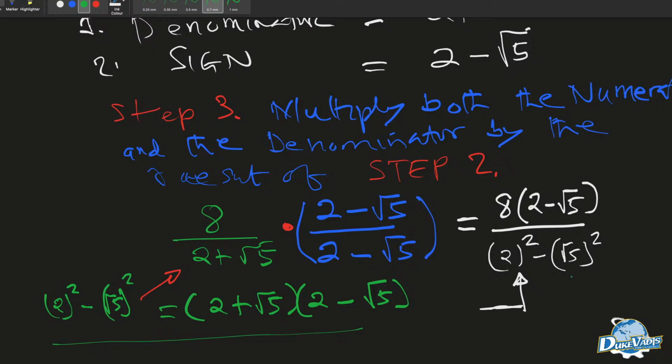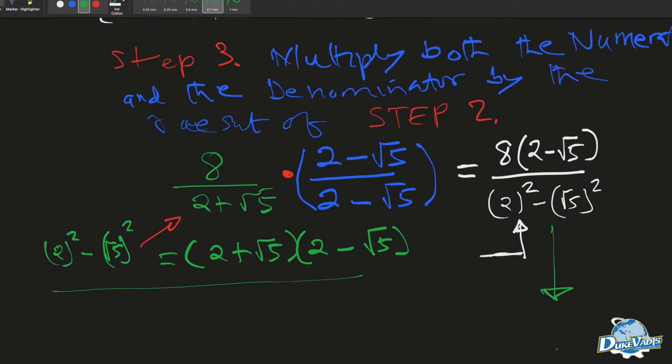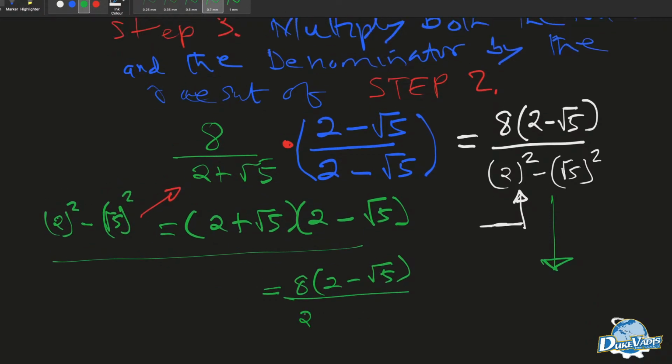So now all we have to do is simplify it to rationalize it. When we simplify, on the top we have 8 multiplied by 2 minus √5, and at the bottom we have 2 squared minus √5 squared.